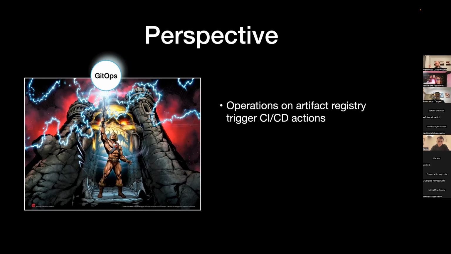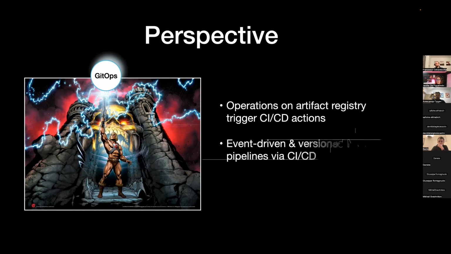Everything is versioned. You can check what's happening. And so it really brings a lot of power to the GitOps ideas. And the simple example I described, I think, really suggests a turn into event-driven and versioned machine learning pipelines that are running through CI/CD.